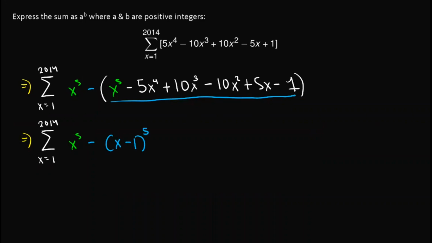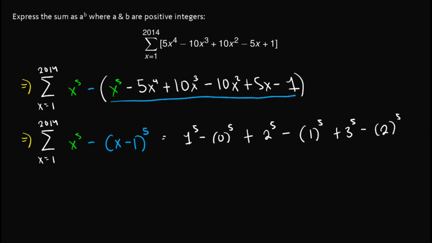And so if we try to apply the summation now, we would have 1 raised to 5 minus 0 raised to 5, plus 2 raised to 5 minus, this one will become 2 minus 1 raised to 5, or simply 1 raised to 5, plus 3 raised to 5 minus 2 raised to 5.